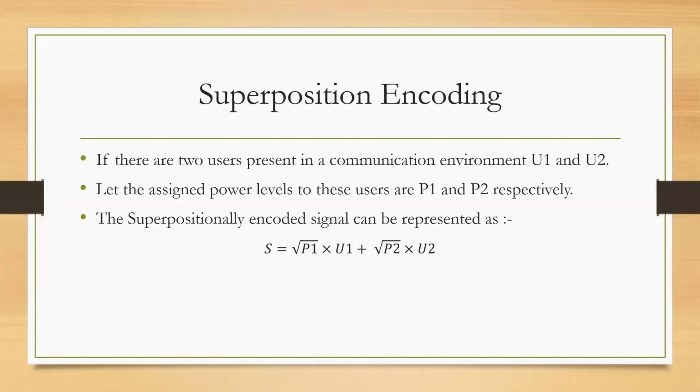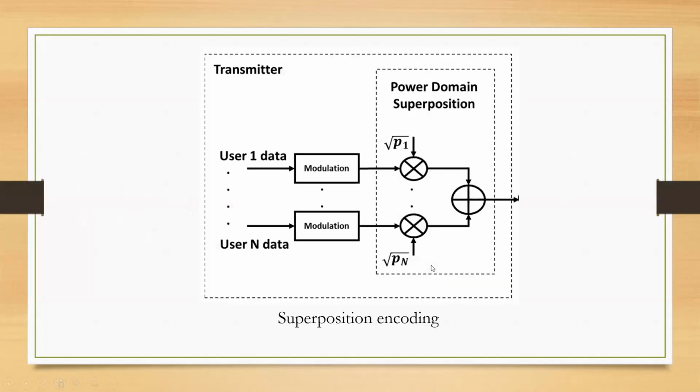These multiplied signals can now be added or superimposed on top of each other in order to get a superpositionally encoded signal, like this equation. Here is a block diagram of exactly what superposition encoding does to a signal. Basically, we have end users with their data.